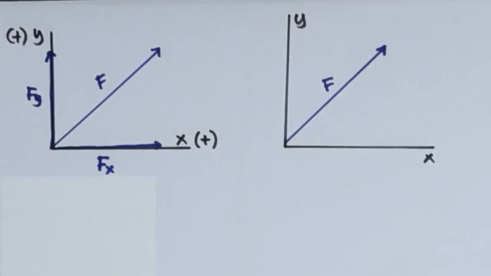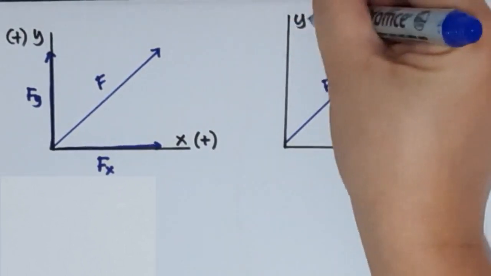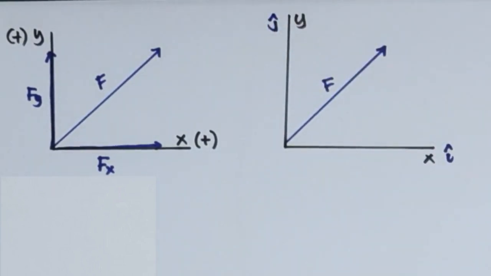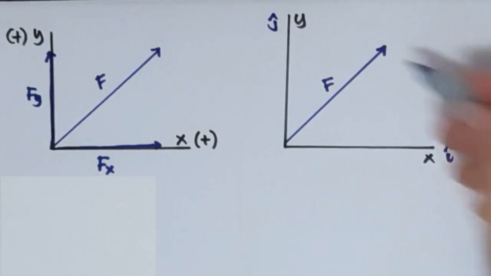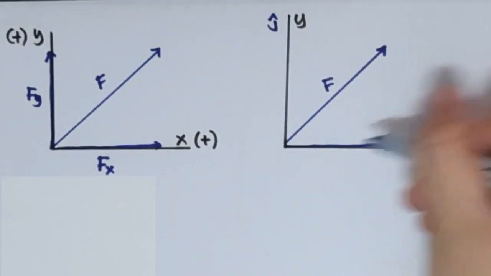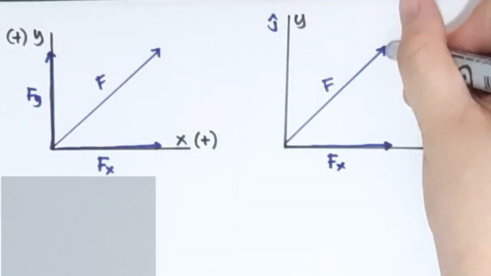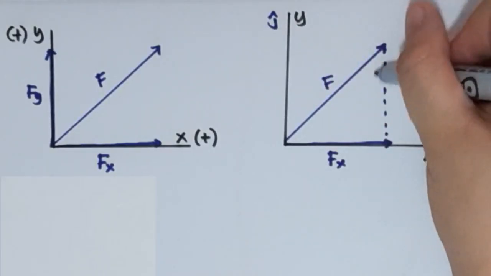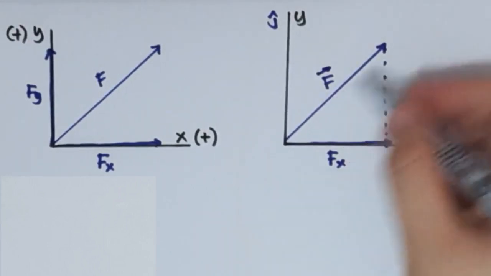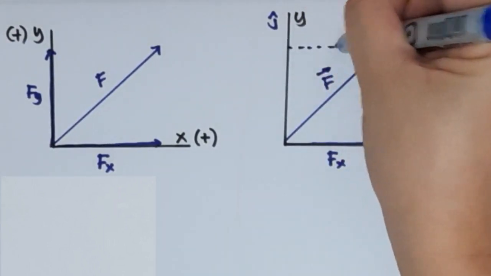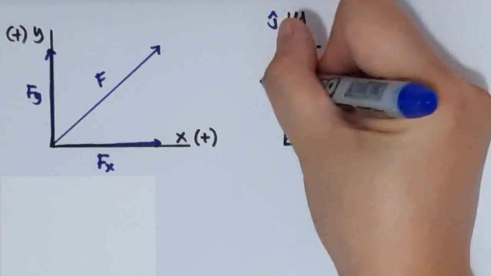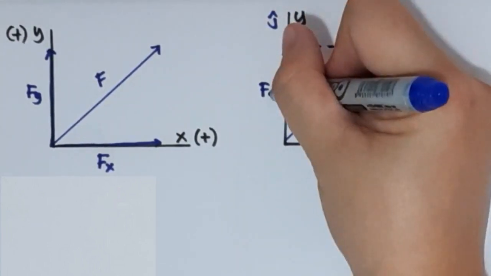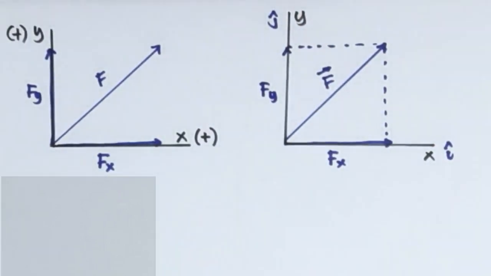While for Cartesian notation, we are not using positive and negative for direction, but we will use i hat for x and j hat for y. If we indicate our force here, we will just get the magnitude of this, that is Fx, the component of our force along x, and this one is the magnitude along y, that is our Fy.